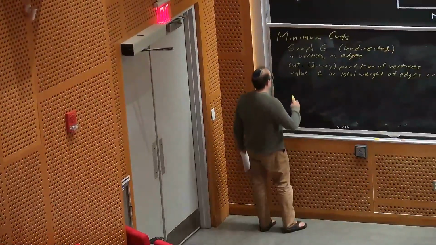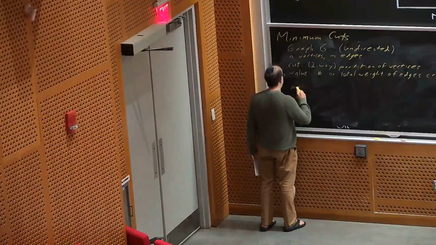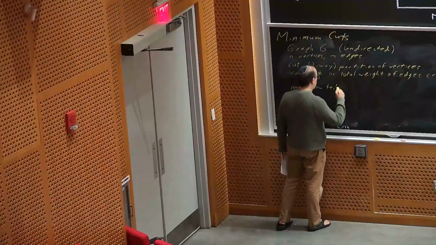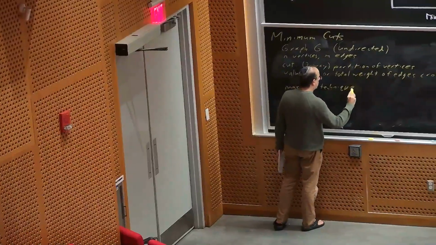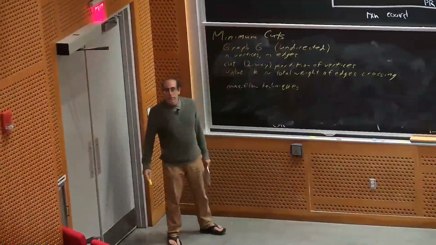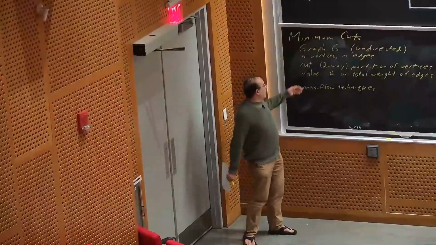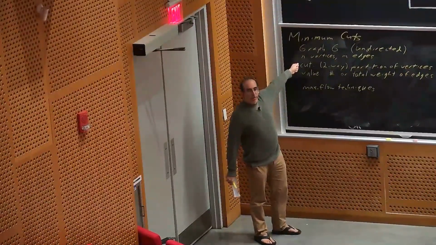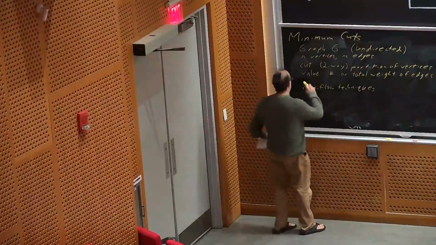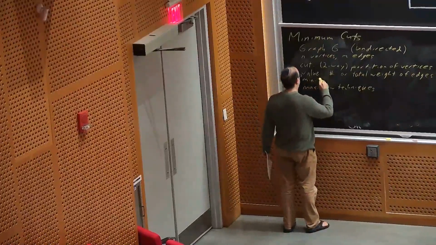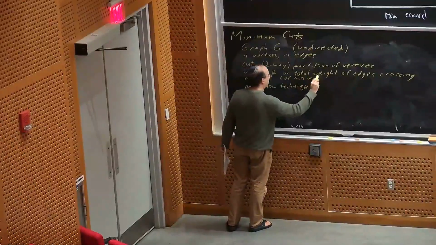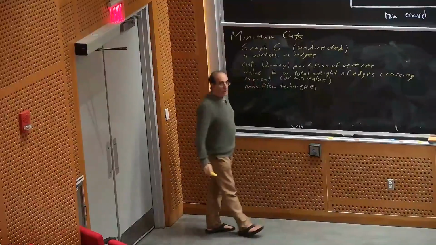Traditionally, this problem was solved with max flow. Right? Because obviously the cut separates some pair of vertices, and we want to find the minimum cut of minimum value in this graph.